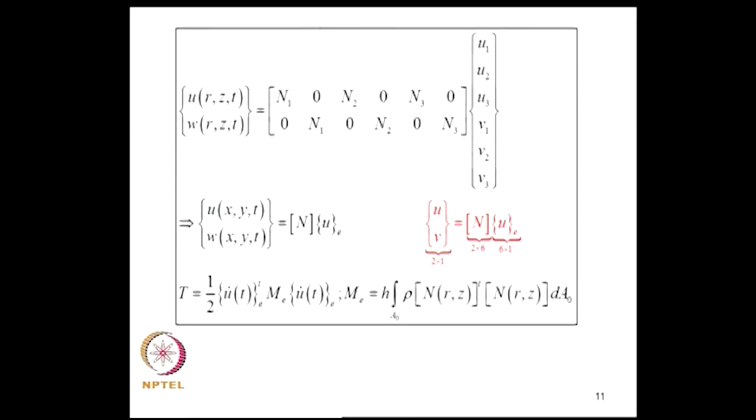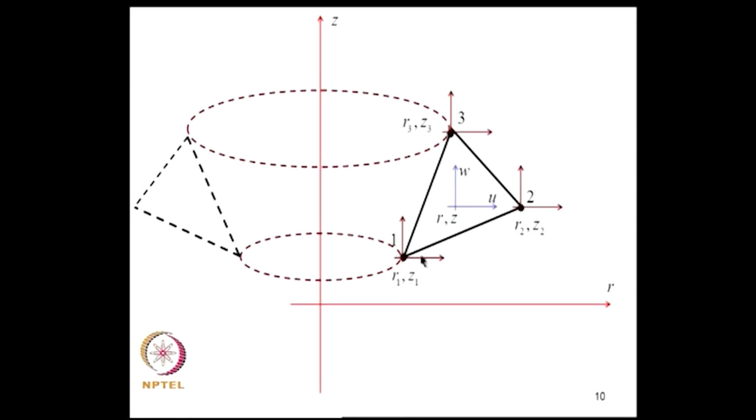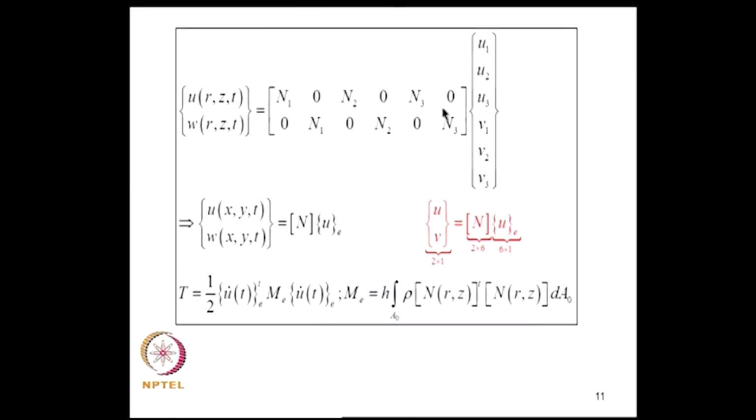So, the nodal degrees of freedom are u1 w1, u2 w2, u3 w3. Consequently, we interpolate the field variables within the element in terms of these nodal coordinates and nodal degrees of freedom using this interpolation form. We have encountered this triangular element earlier in the context of plane stress problems, so the same shape functions will be relevant here also.